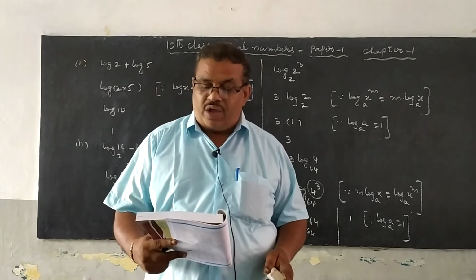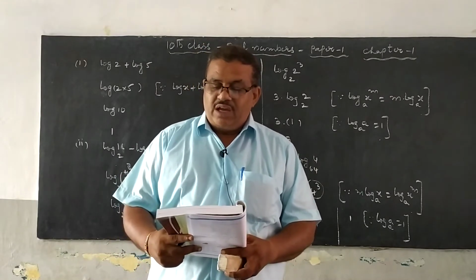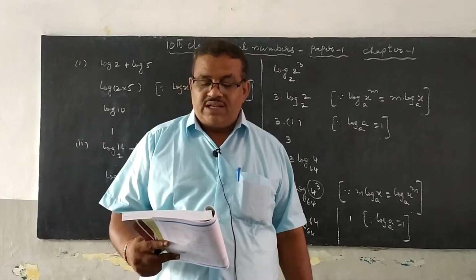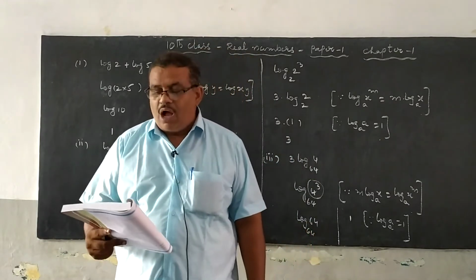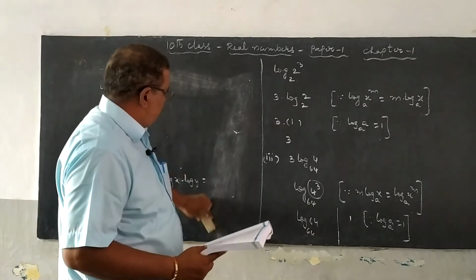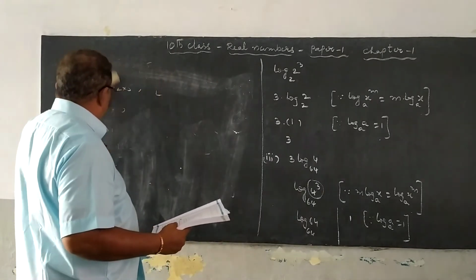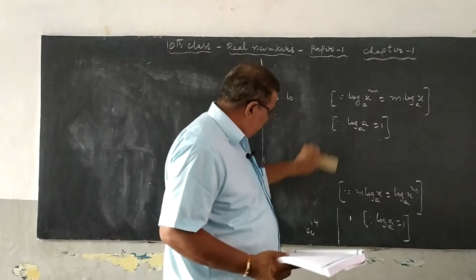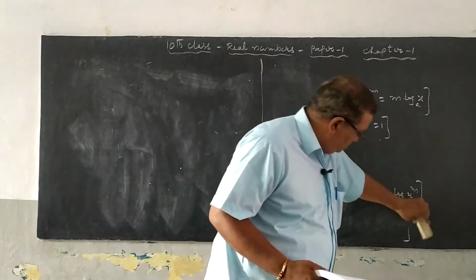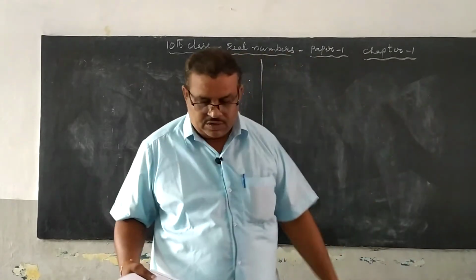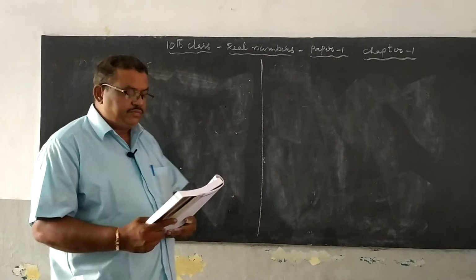In this Roman: evaluate each of the following in terms of x and y if it is given x is equal to log 3 base 2, y is equal to log 5 base 2. How we have to write this one, see one time. Okay, children.